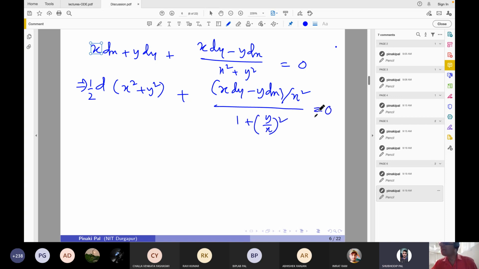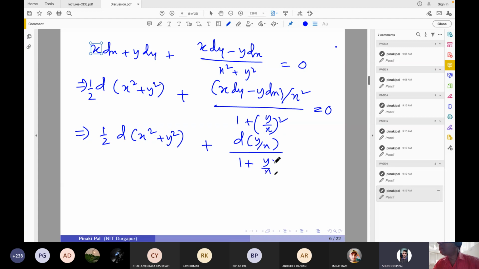So half d of (x square plus y square) plus the numerator d of y by x divided by 1 plus (y by x) whole square equal to 0. Now you can integrate and add one additive constant.